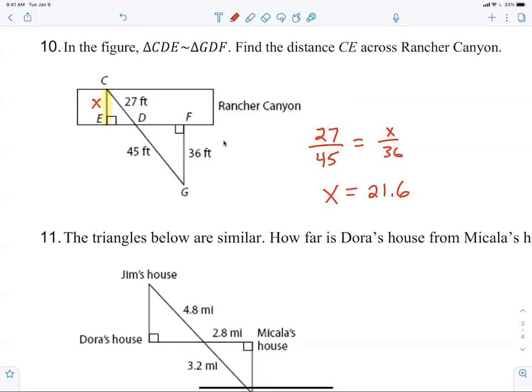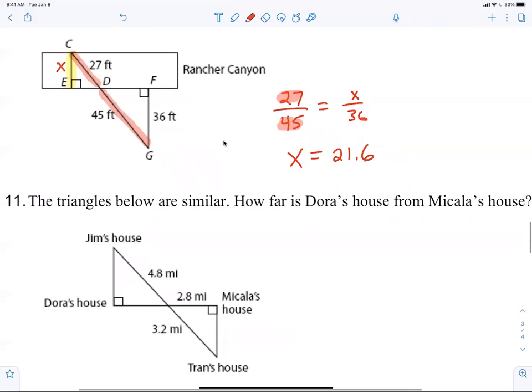Yes, sir. How did you get 27 over 45? Well, we just noticed that this slant had to be to this slant. So that's why we did 27 to 45. That's how I looked at it. Okay, number 11.